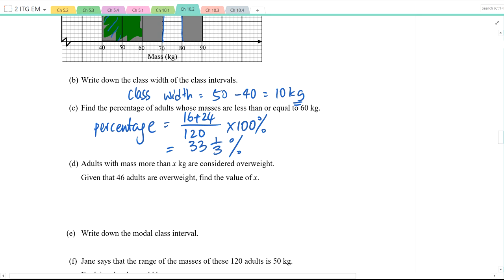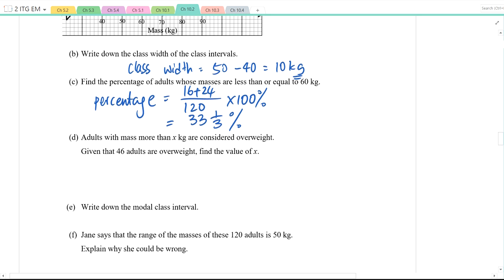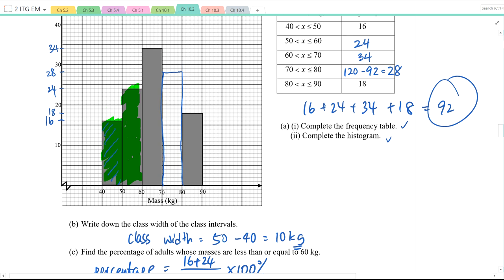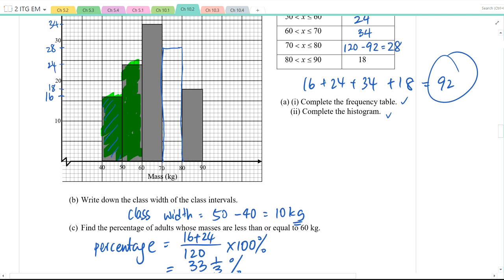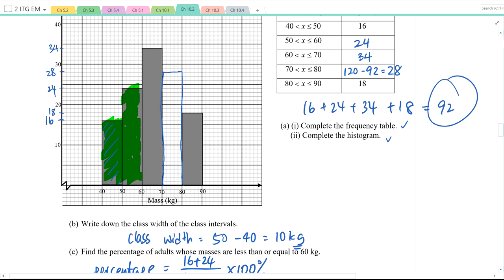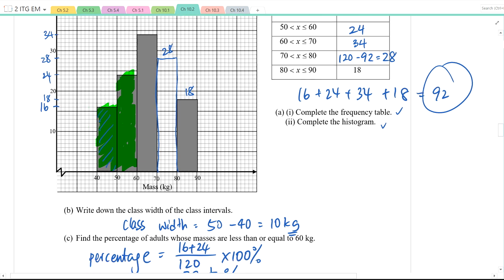Next, for part D, adults with mass more than X kilograms are considered overweight, and since they tell us that there are 46 adults who are overweight, we have to find out the value of X. So take note that we've got 18 adults over here, we've got 28 adults over here. That gives us a total of 46 adults already.